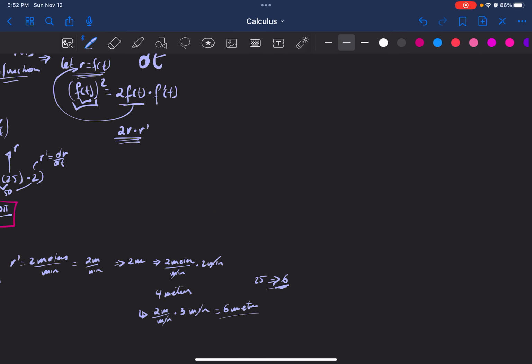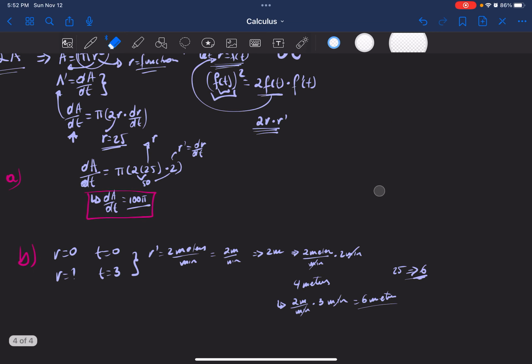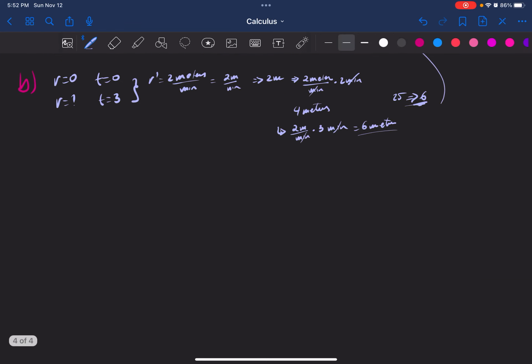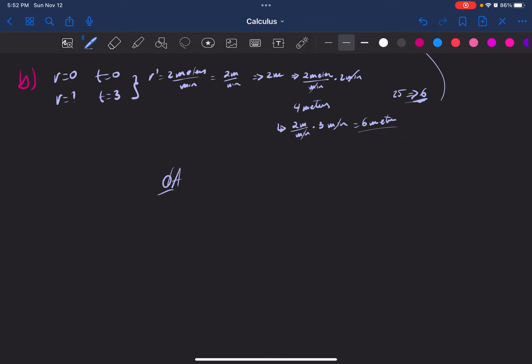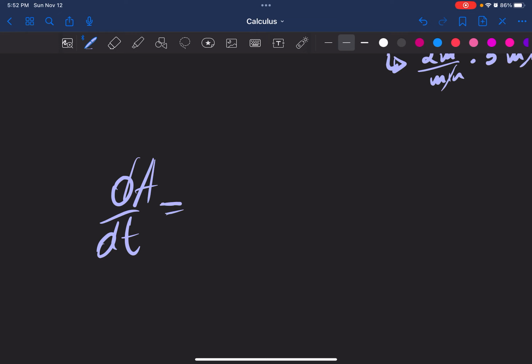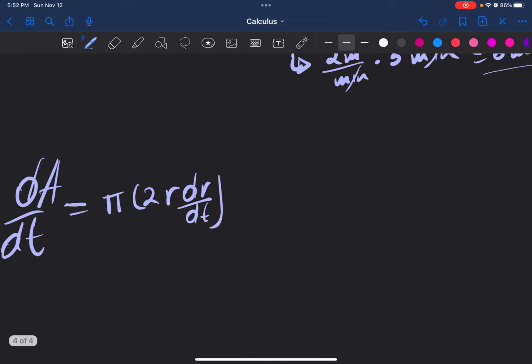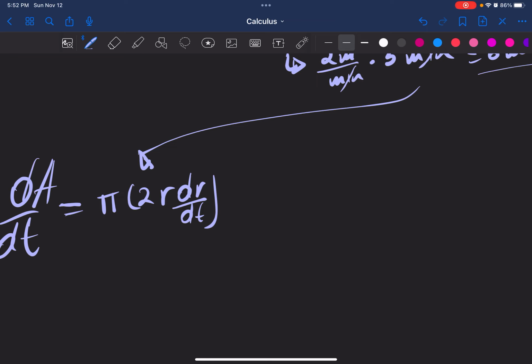Going back to the previous work we did, if you want to find dA/dt, we found that it was pi times 2 r dr/dt. So with my new radius, I can just put it here.